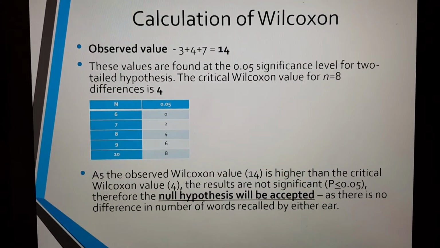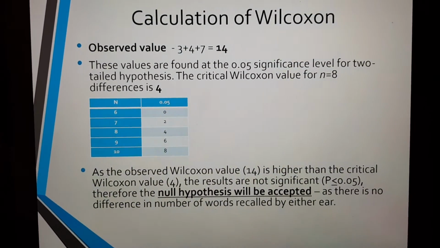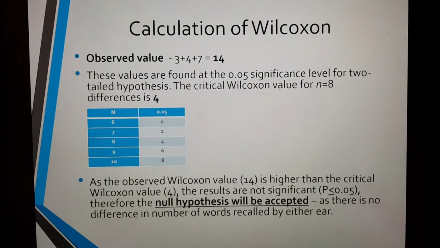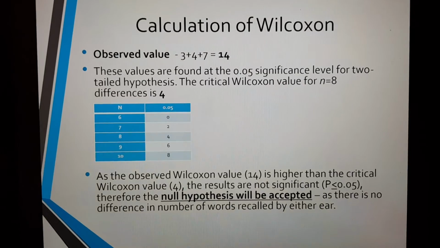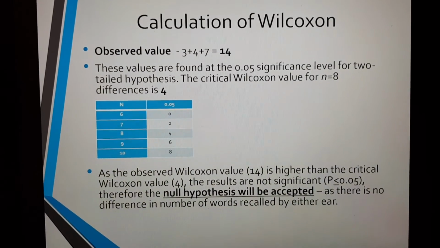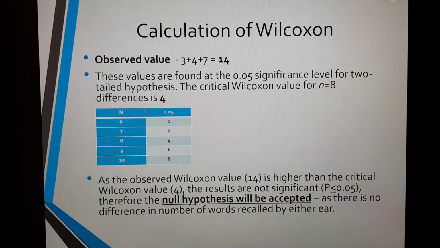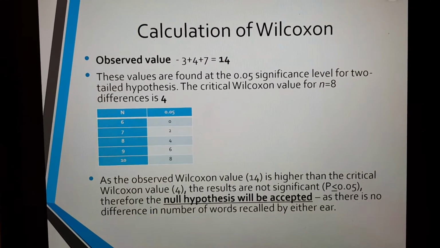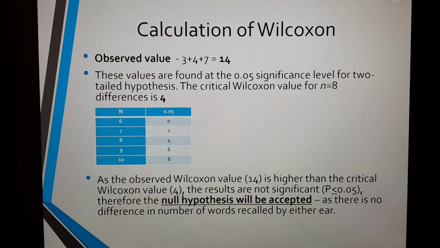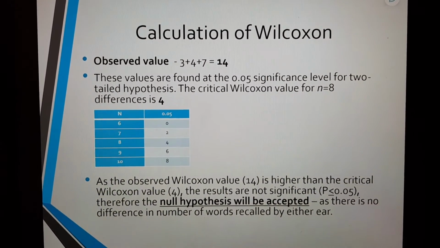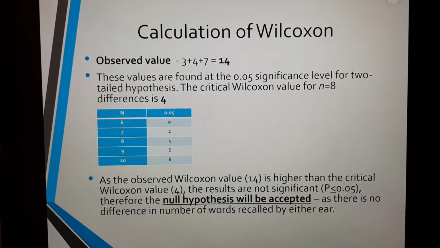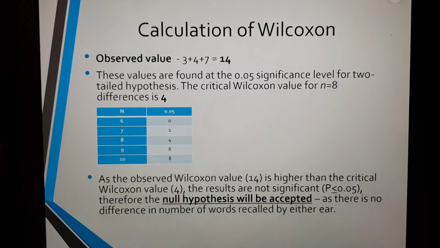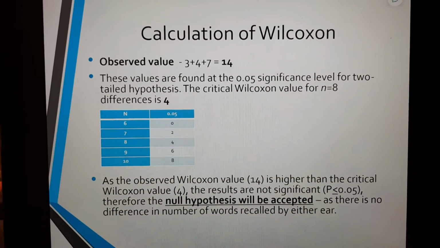So we've got a 14 and a 4. The rule of R says Wilcoxon doesn't have an R in its name, so our observed value has to be equal to or less than the critical value for significance to be achieved. In this instance, we haven't got a significant result: 14 is bigger than 4 rather than lower than 4.